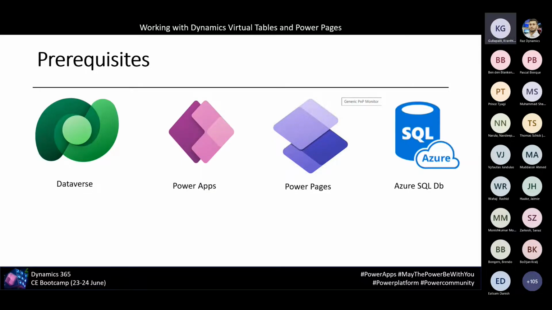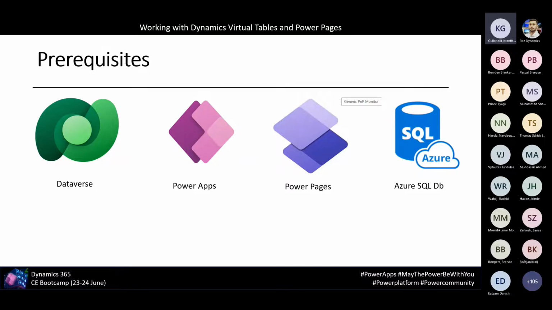With respect to the prerequisites, the first three, most of you are already aware of. We are going to touch base with Dataverse, play around with Power Apps, and play with Power Pages. The logo is the new one for Power Pages, which was earlier known as Power Apps Portals.